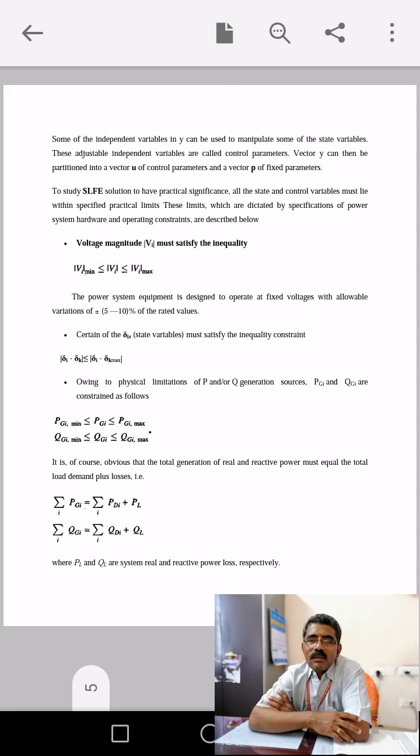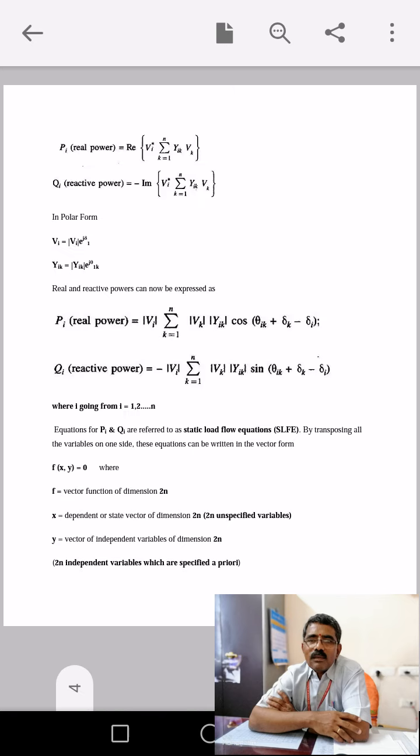In this we separate out real and reactive terms, that is Pi real, Qi reactive. If you separate out real and reactive terms, you get one with cos of the resultant angle, the other one with sine of the resultant angle.